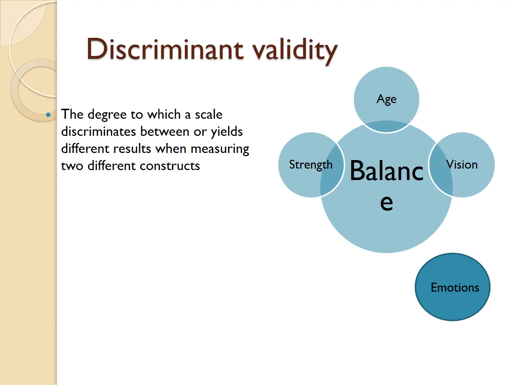Maybe not. So the discriminant validity should accurately differentiate strength, age, and vision versus emotion, because emotions would not affect balance. So discriminant validity tests whether believed unrelated constructs, like emotions in this example, are in fact unrelated.